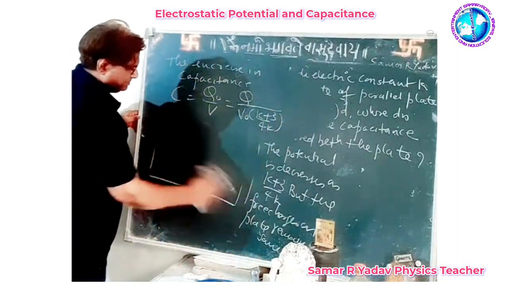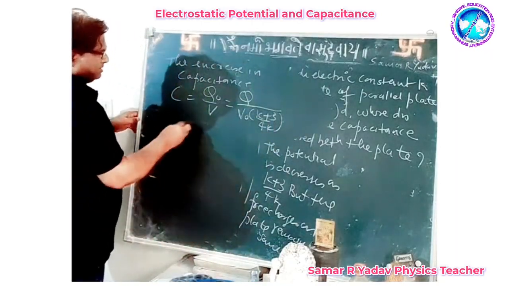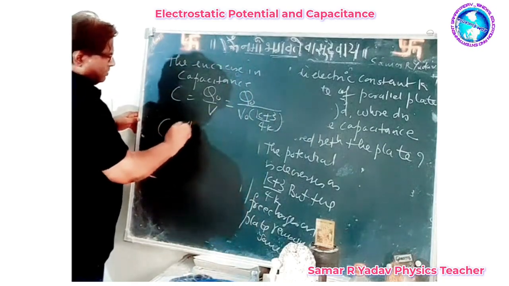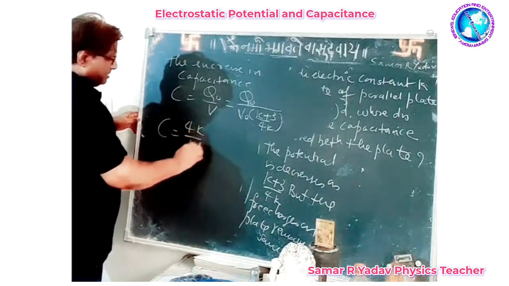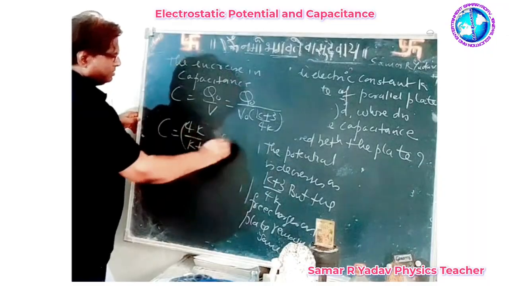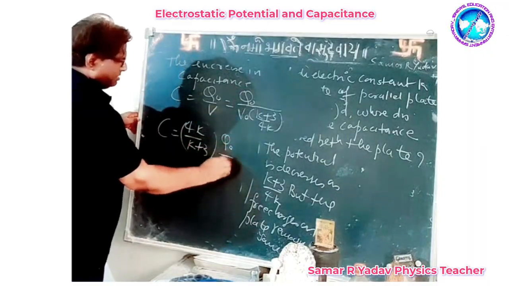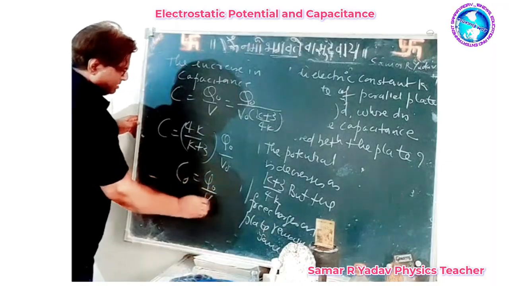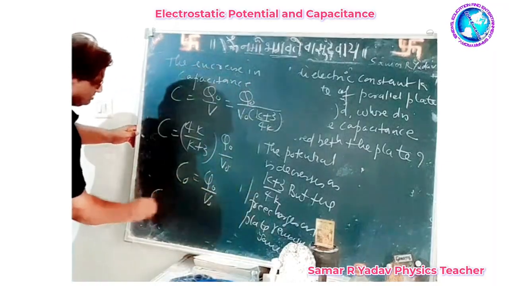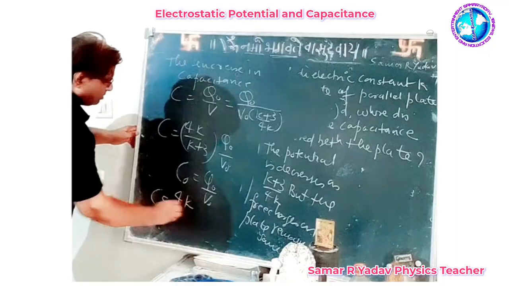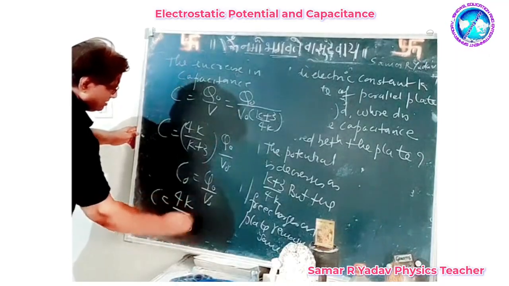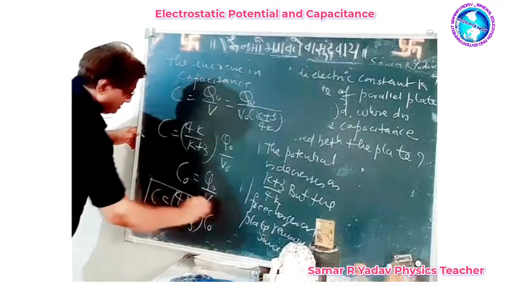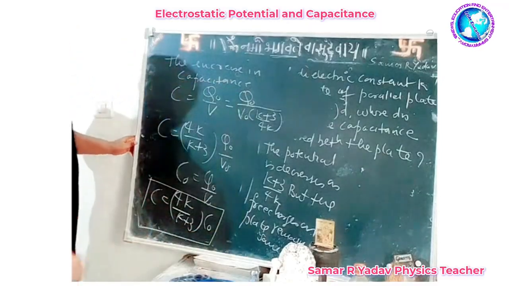Therefore C is equal to 4K upon K plus 3 into Q0 upon V0. Now we know that C0 is equal to Q0 upon V0. Keeping this value, we get C is equal to 4K upon K plus 3 into C0. So this way the capacitance will be changed.